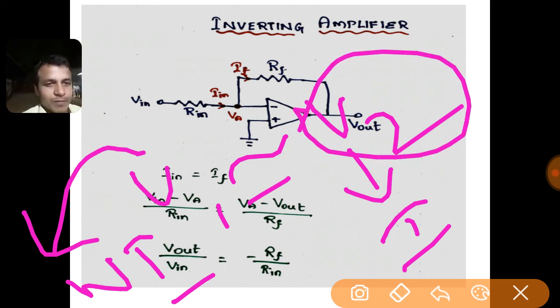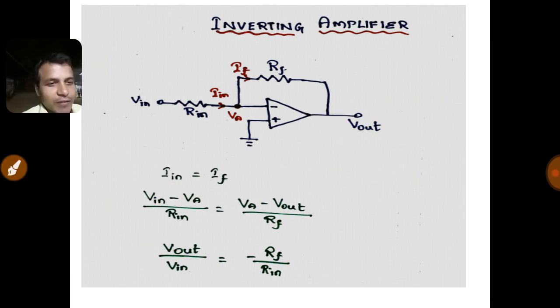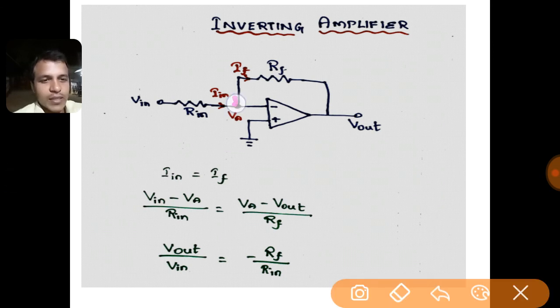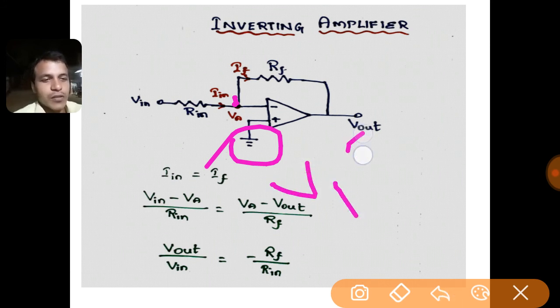In the inverting amplifier analysis we have done so far, this node A is virtually grounded with respect to the non-inverting input terminal, and the non-inverting input terminal is grounded. It is not virtually grounded, it is actually grounded, and so it takes the value V1 equal to 0.